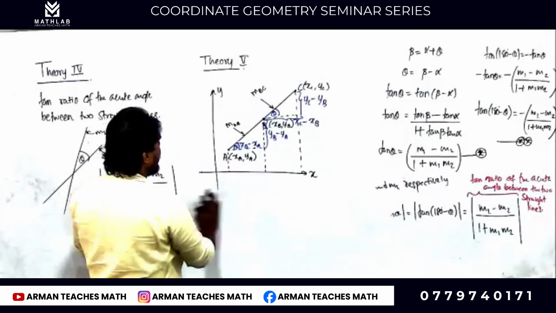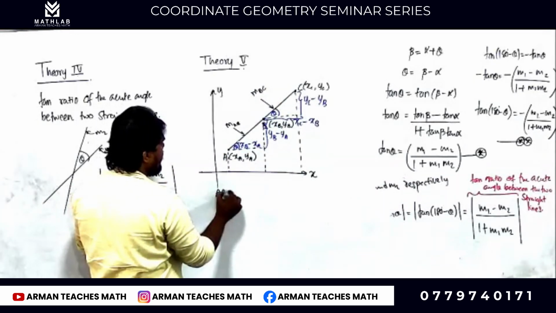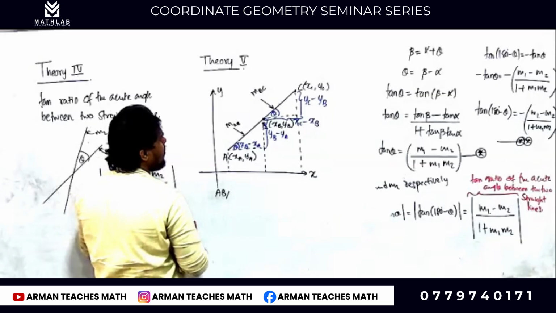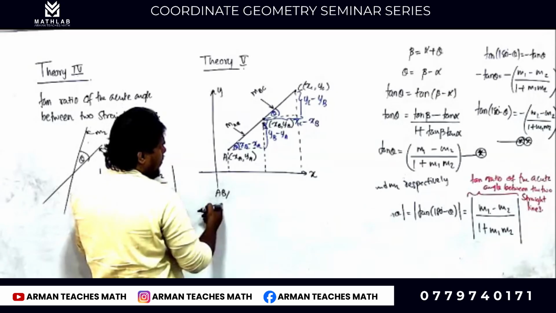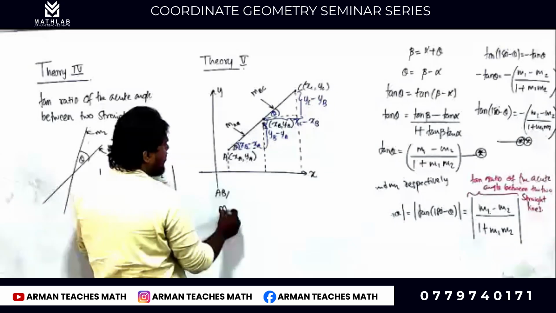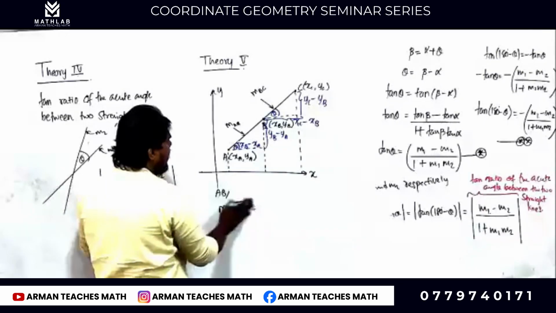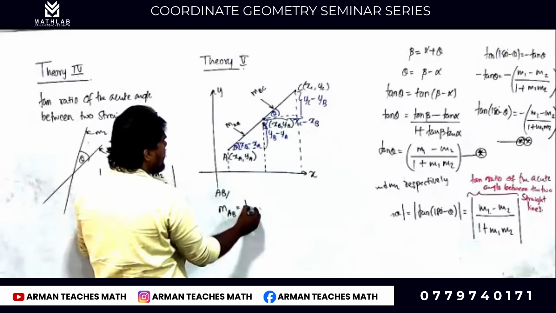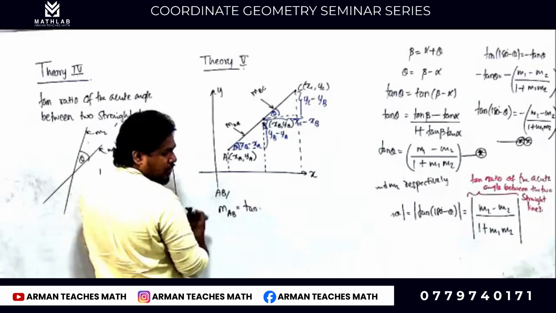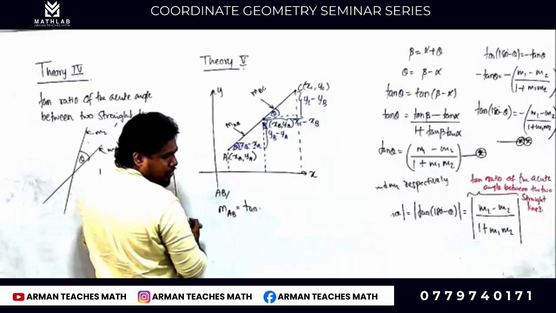If I'm considering the AB portion of the straight line segment, we know that the gradient of a straight line segment is given by the tan ratio of the angle made by the straight line segment with the positive side of the x-axis, right?